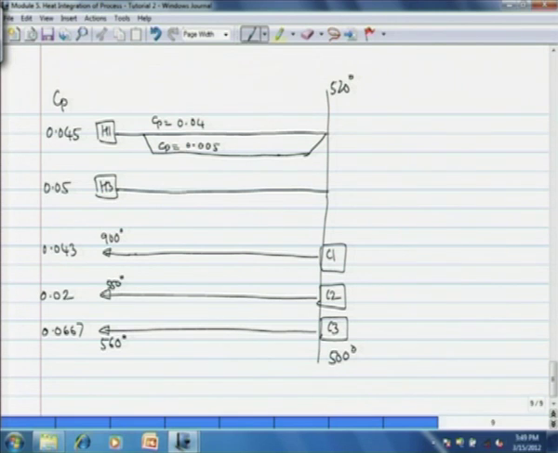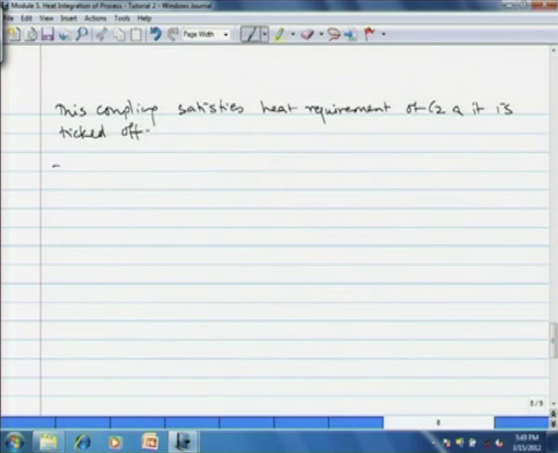So, we just made the first match of coupling the smaller branch of H1 with that of C2. And we write here the heat load on this exchanger, 1 megawatt. Okay. Now, next we couple the sub branch of H1 with heat capacity flow rate of 0.01 to C1.